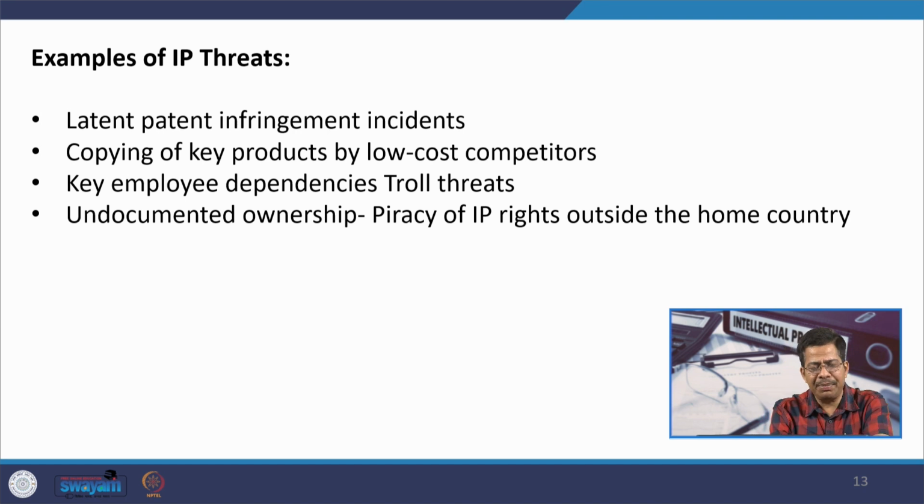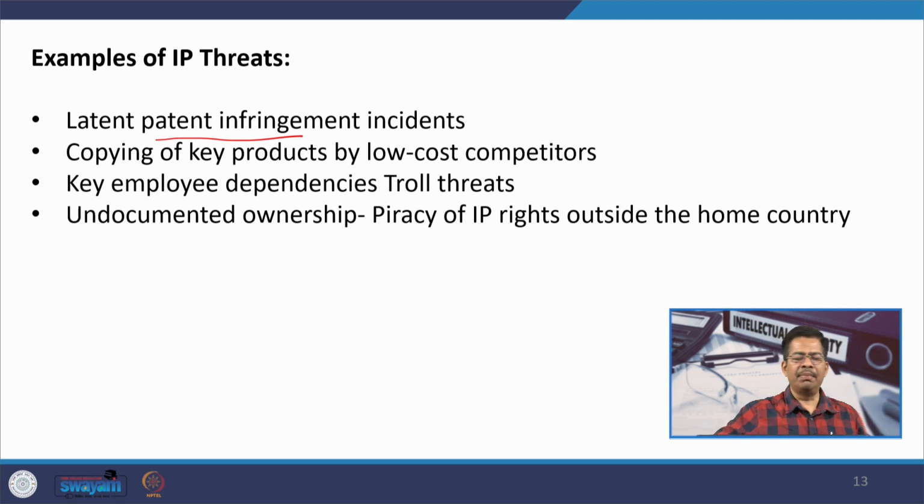What types of IP threats are there? Obviously, patent infringement is one type of threat, and many a time it can be explicit, but many a time it may be hidden. You are not aware because there may be a competitor who is not on your radar. You are a small or medium organization or an education institute.